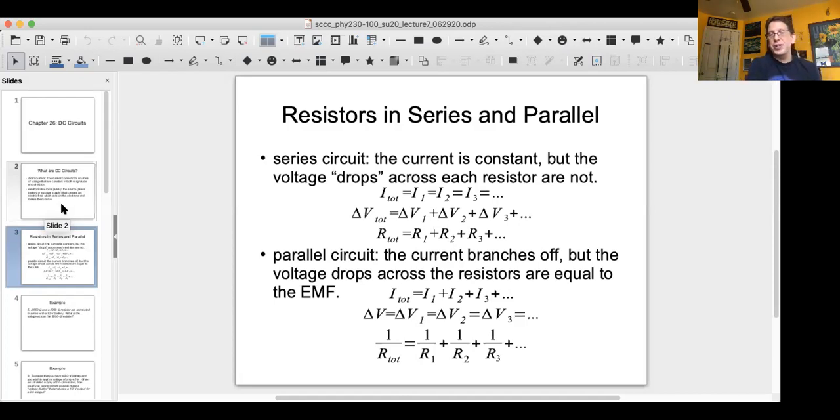So for resistors in parallel, 1 divided by the total resistance equals 1 over R1 plus 1 over R2 plus 1 over R3, for however many resistors you have. For 2 resistors, you can write the total resistance as the product of the resistances divided by the sum of the resistances. But that only works for 2 resistors. So it's kind of like capacitors in series in that sense.